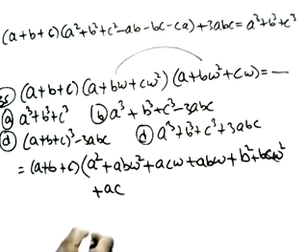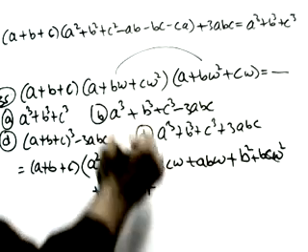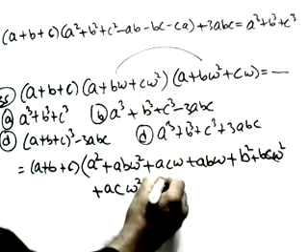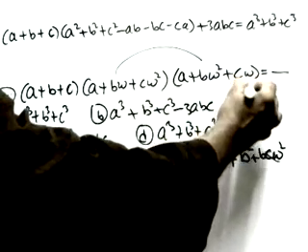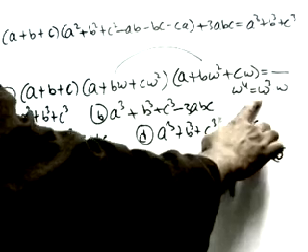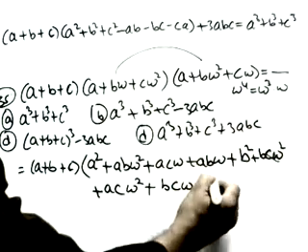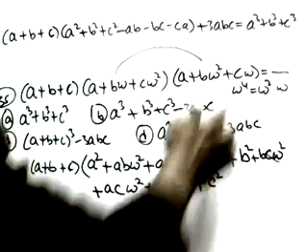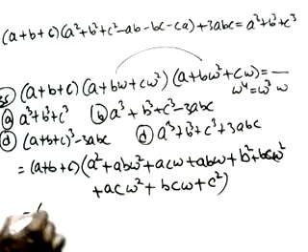Now c into a is ac omega, c into a is ac omega square, plus c into b, bc omega square into omega square. Omega power 4 can be written as omega cube into omega. Omega cube is 1, 1 into omega is omega. Now lastly, c into c square, omega square into omega, omega cube is 1.